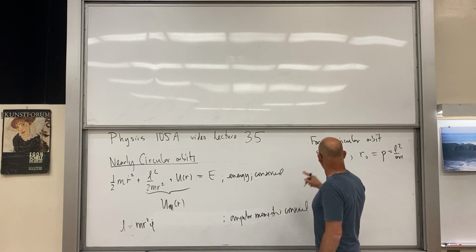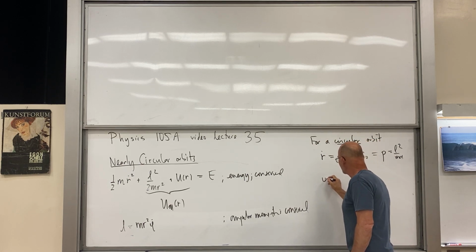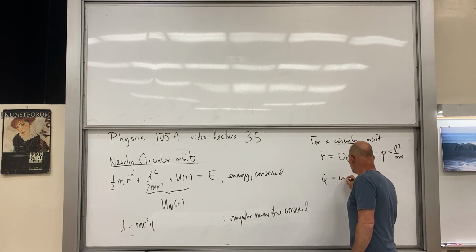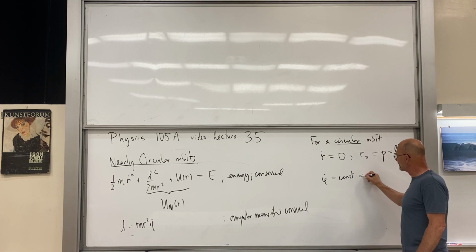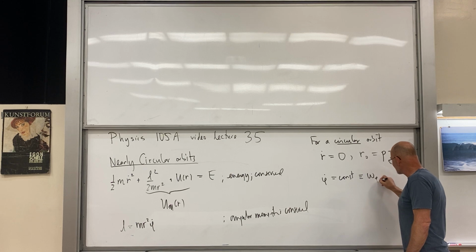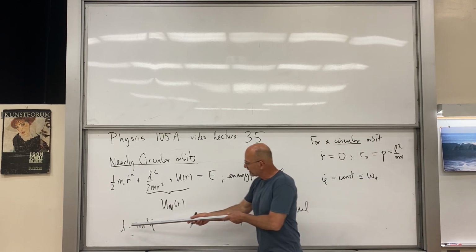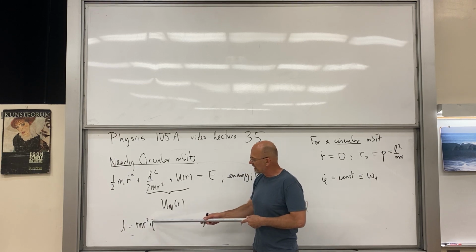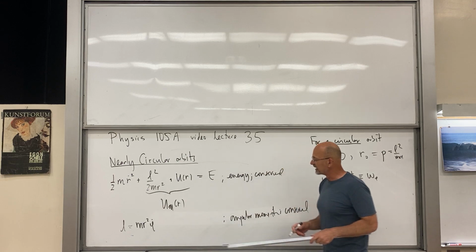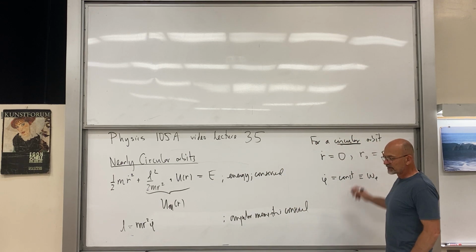But also, for a circular orbit, we have phi dot is equal to a constant, we define it as omega sub phi, right? And if phi dot is a constant, then you have L is constant, phi dot is constant, and r0 equals constant. The whole thing is constant then. So that's the situation for the circular orbits.